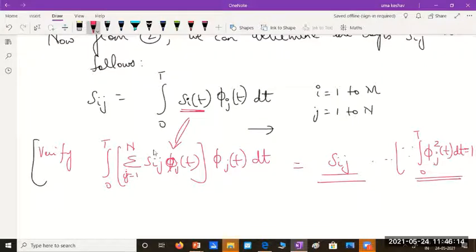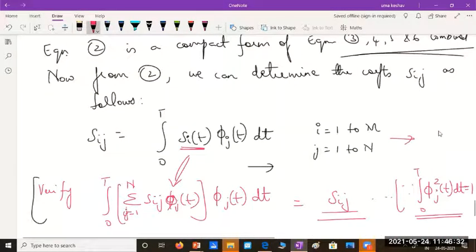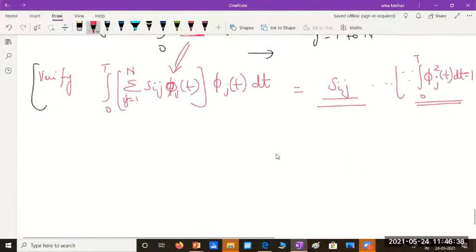So whenever you are finding the energy under this, phi j into phi j will be phi j square, and whenever you consider that, it is 1. So this is how we represent the coefficients. What was the equation number? 7. Let me call this equation 7. Okay, this is how you represent the coefficients.